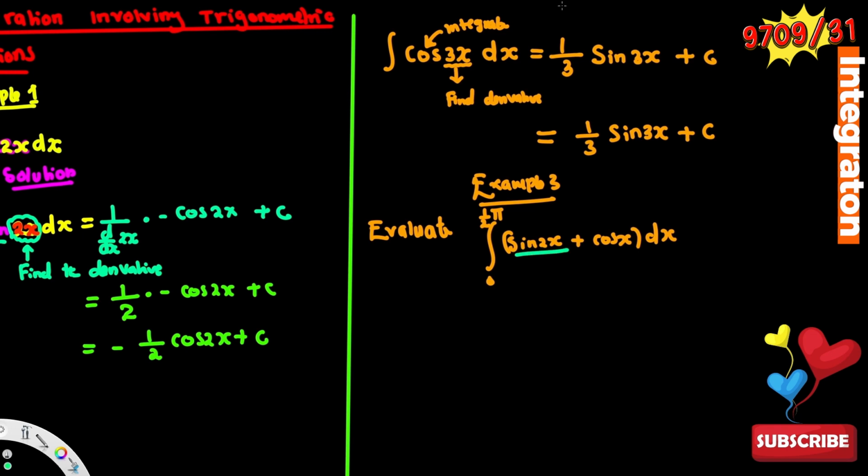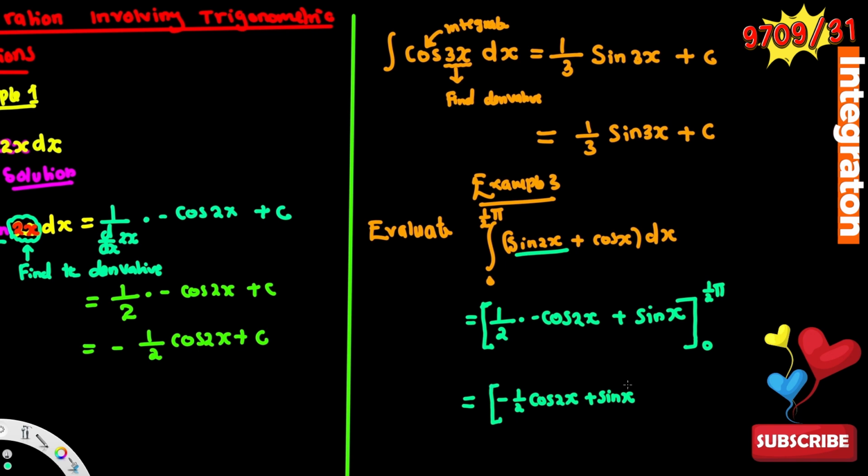So this is going to be 1 over 2 negative cos 2x plus, integrating cos, we get sine x. So the limits are from 0 to 1 over 2 pi. If you substitute the limits into that, we shall have 0 plus 1, and then our final answer is 1.5.